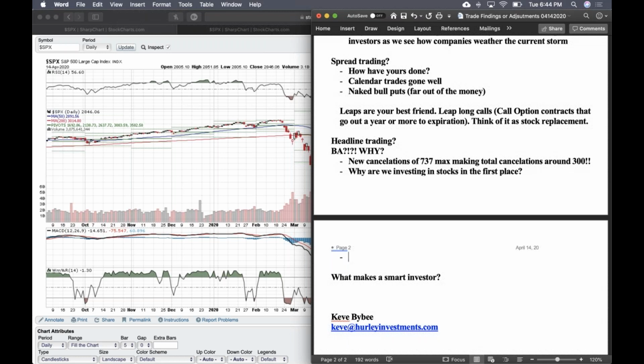If you know the fundamentals, the actual numbers of their margins, their debt, what kind of debt, why they have it, their revenue, then you can see through a lot of the bullcrap.